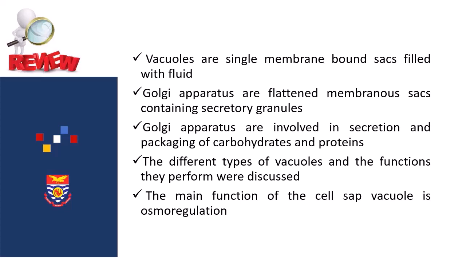The different types of vacuoles were also studied, and we got to know the function of each. The main function of the cell sap vacuole was also known to be osmoregulation, whereby excess water is pumped out of the cell in order to regulate the quantity of water in the cell.